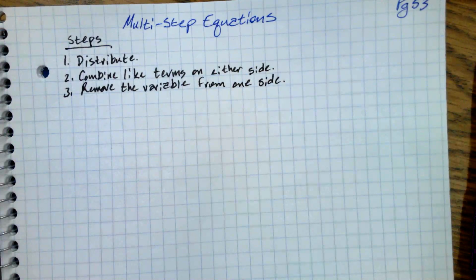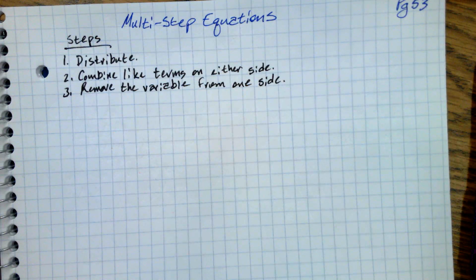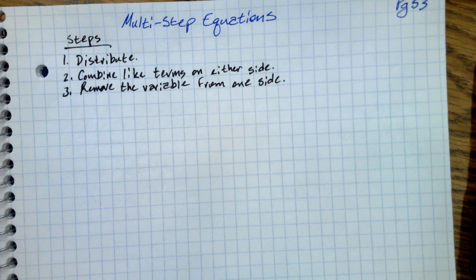So I'm just going to say from one side. That's a kind of special step we won't explore until later. Not today. But this is the place where we would do that. It's usually the third thing we do.